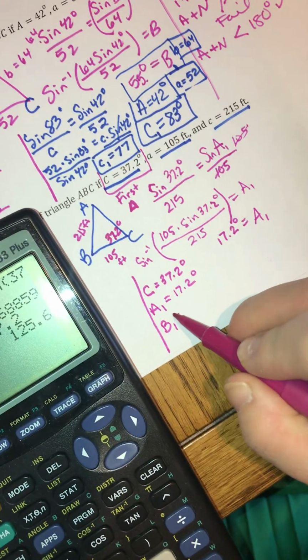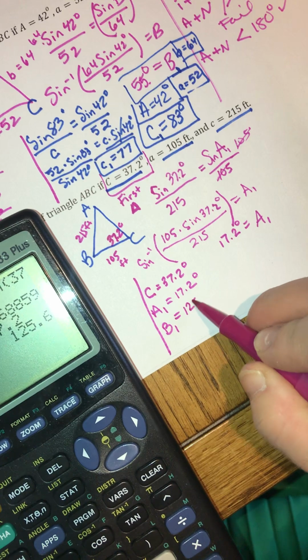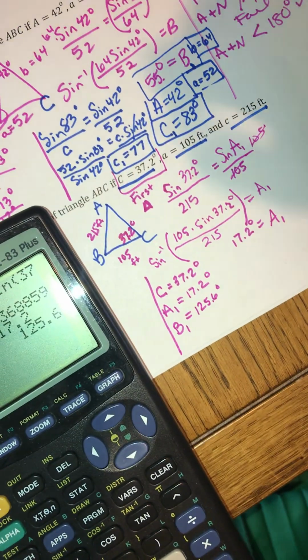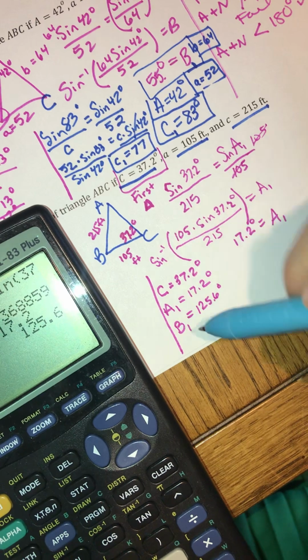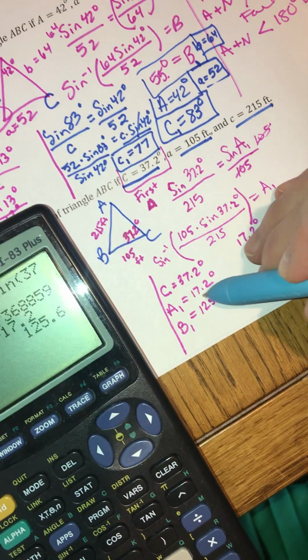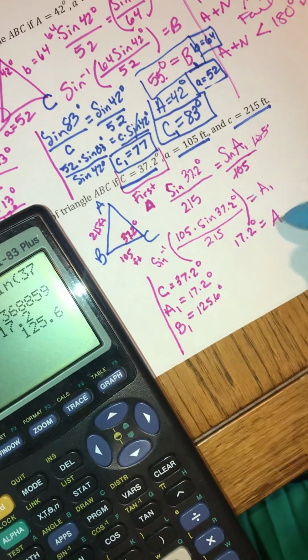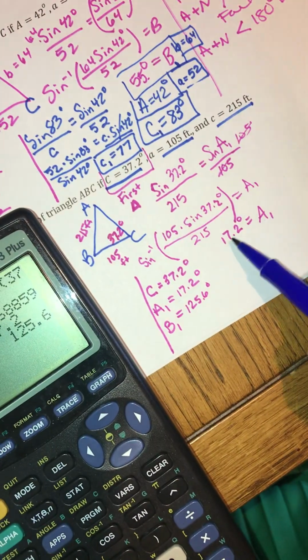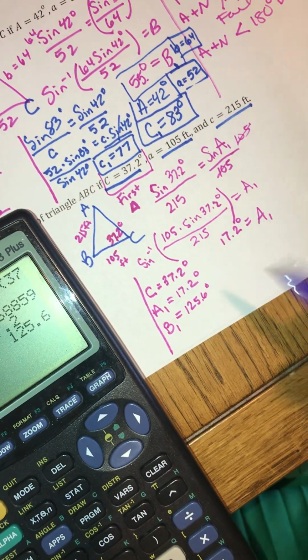Wow, angle B is going to be 125.6 degrees. Okay, that is my A1, B1, and then of course angle C is true for both. Maybe that's my only answer.